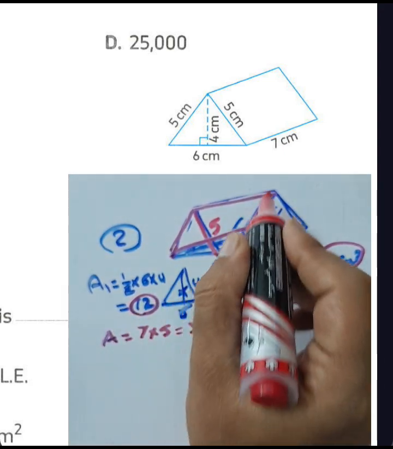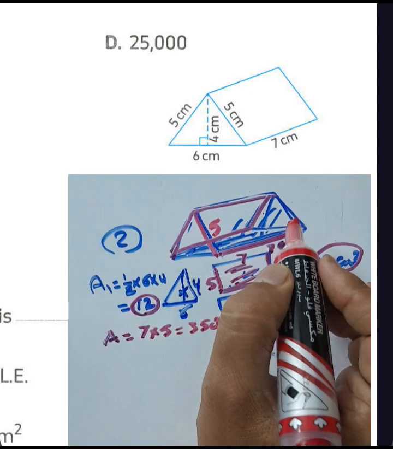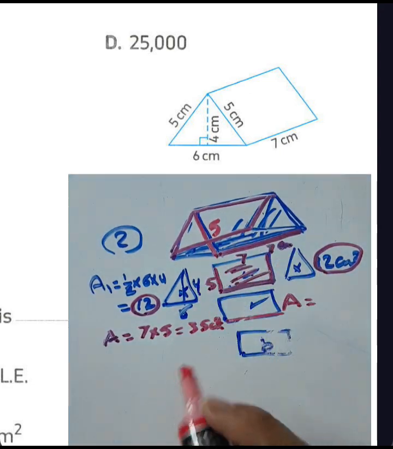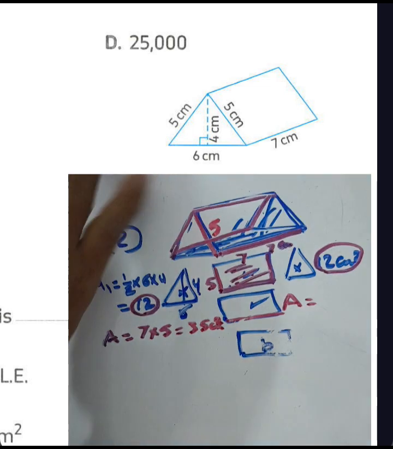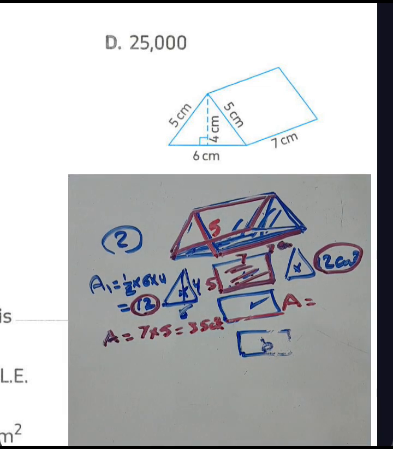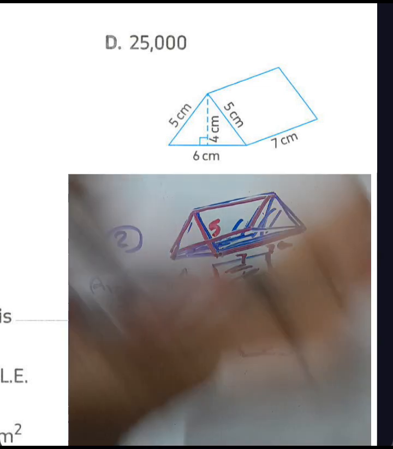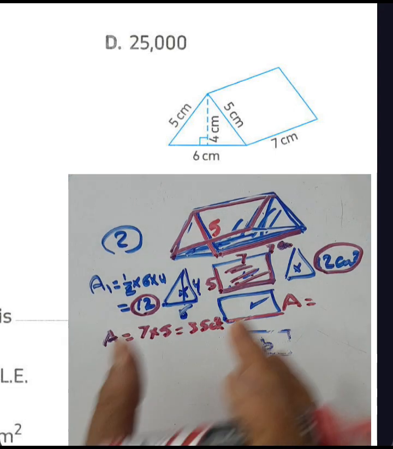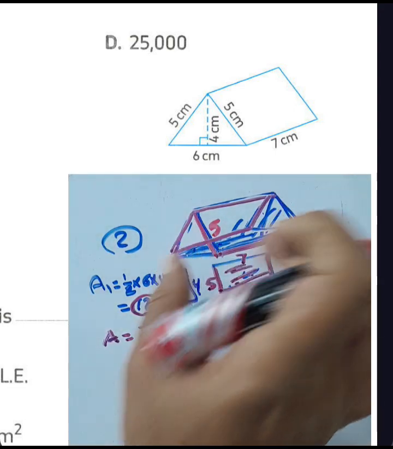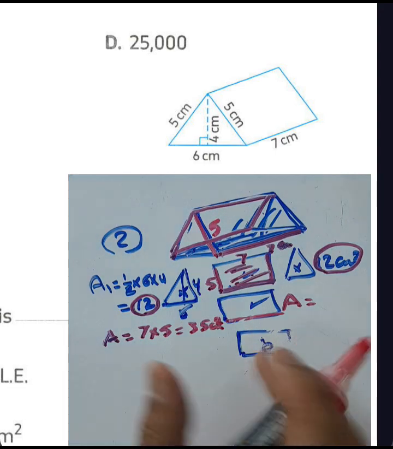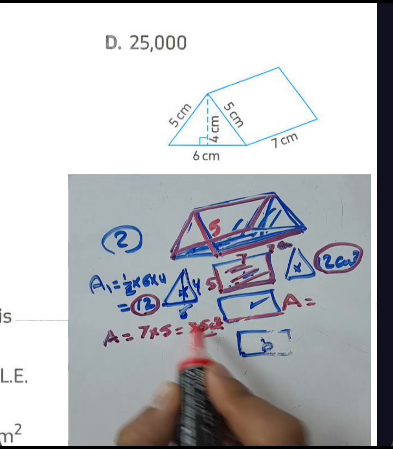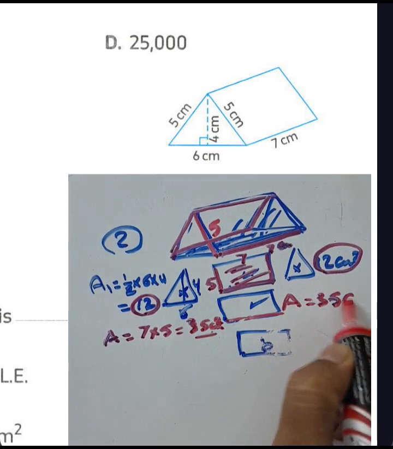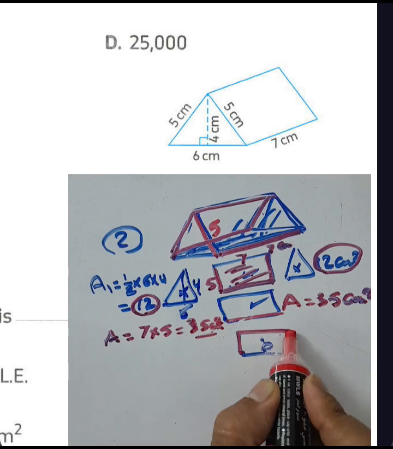And the area of this rectangle again: this rectangle and this rectangle are congruent. We have two congruent rectangles, on the right and the left. Can you see this rectangle and the rectangle on the left? They are congruent. The area of each one of them was 35 square centimeter.